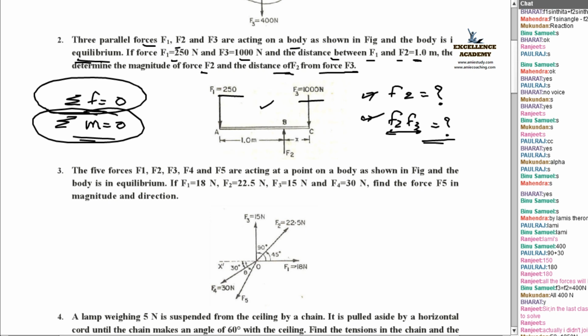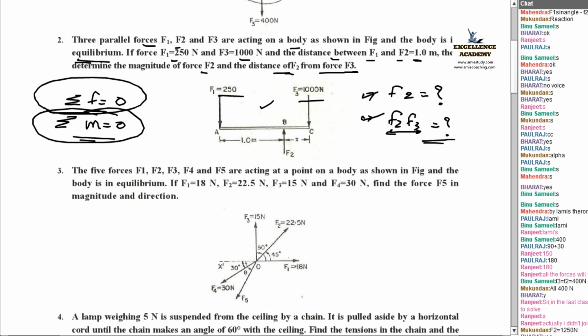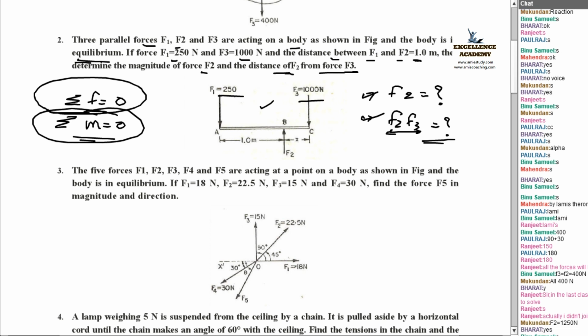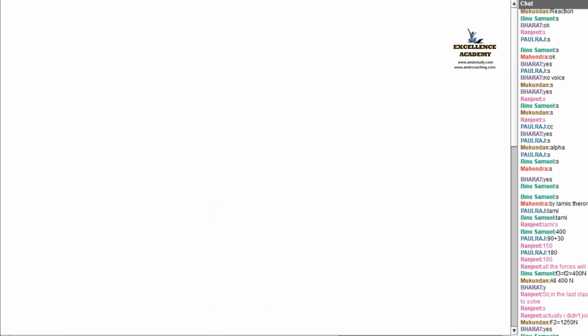Mukundan is saying that F2 is equal to 1250 Newton. What about others' opinion? Is he right? Bharat also agrees with him. Okay, let us check whether it is right or wrong.